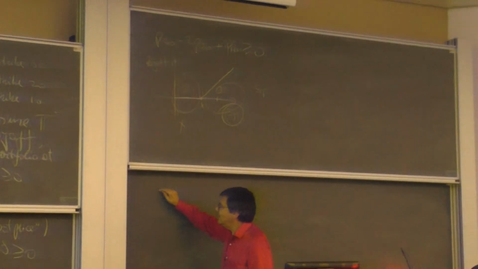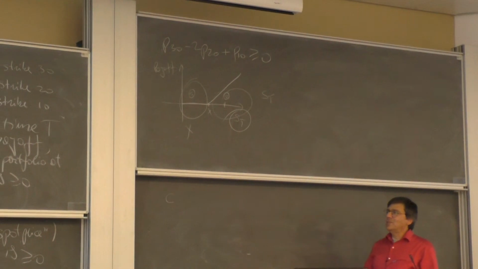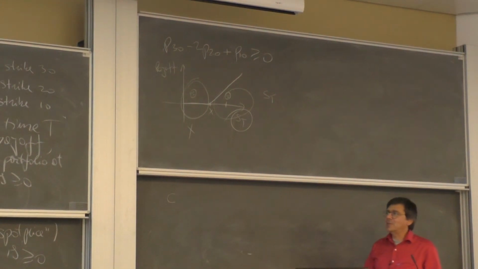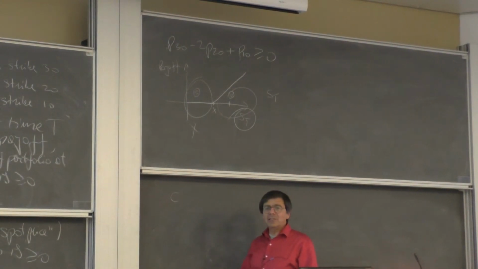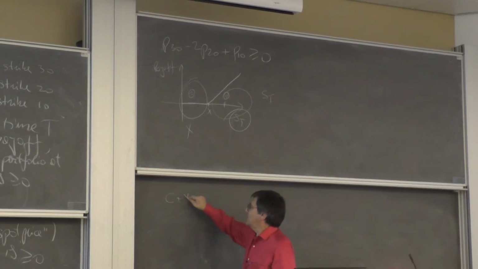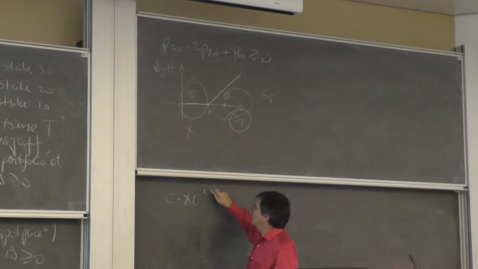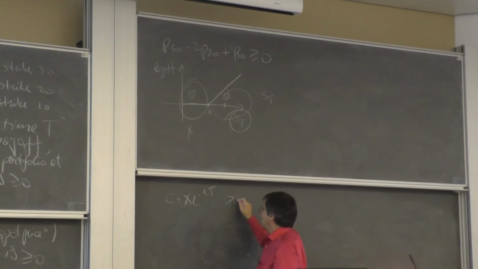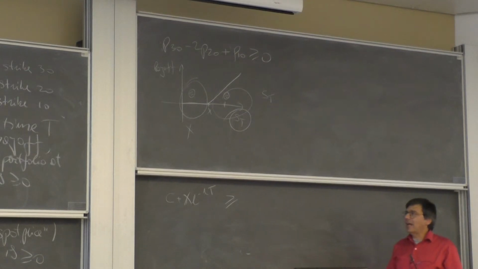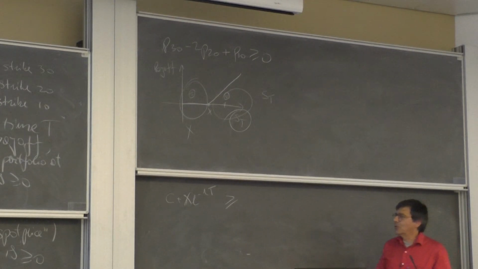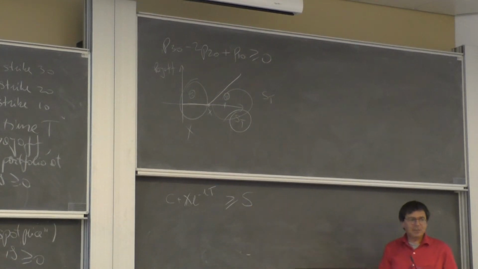We call it C. What else do we see in portfolio A? We see cash. How much cash? X times e to the minus RT. What's the value of X times e to the minus RT pounds? It's X times e to the minus RT. And this must be greater or equal to the price of 1 unit of the underlying asset at time 0, which we call S. So we get this inequality over here, right?